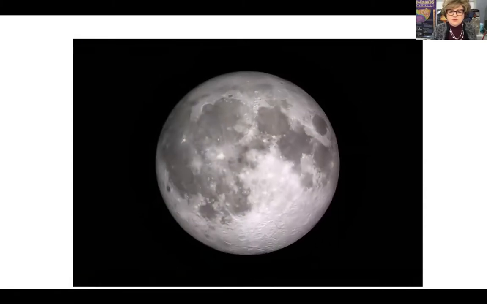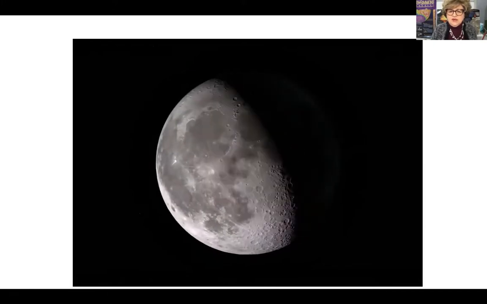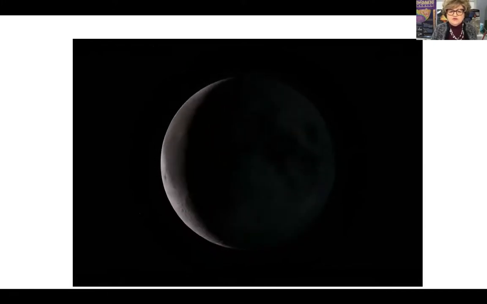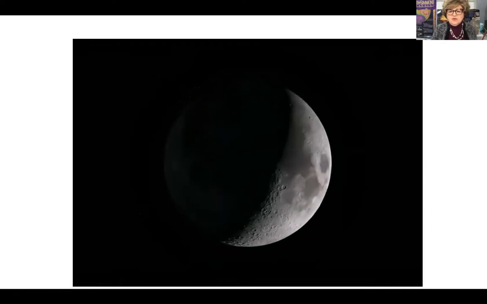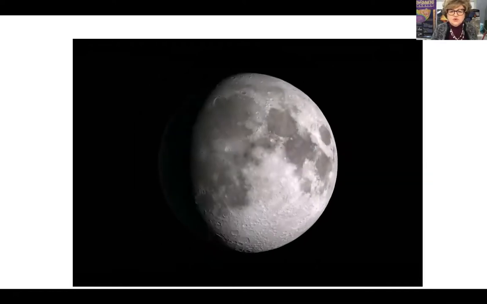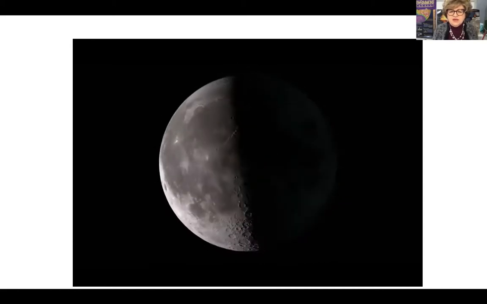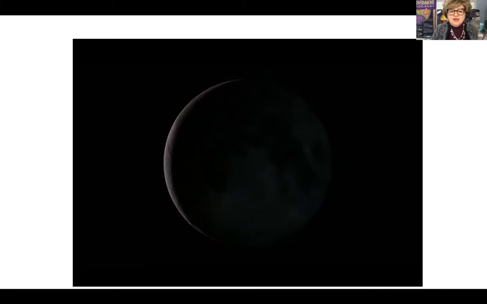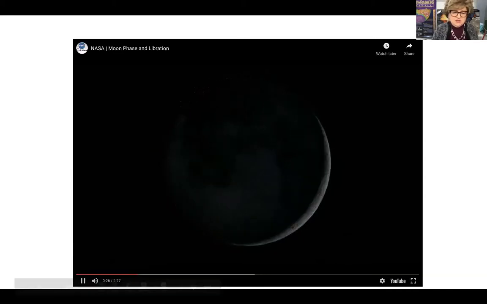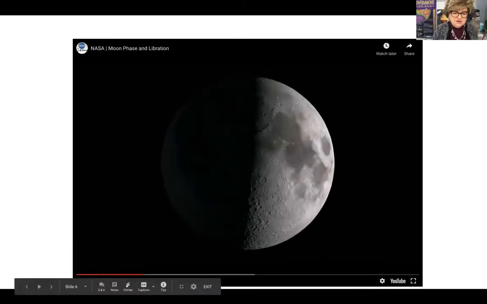Full moon. Now it's waning gibbous, first quarter, and new moon. Here we go. Waxing, first quarter, full moon, waning, and there you go. So I'm going to go ahead and stop it there, maybe.